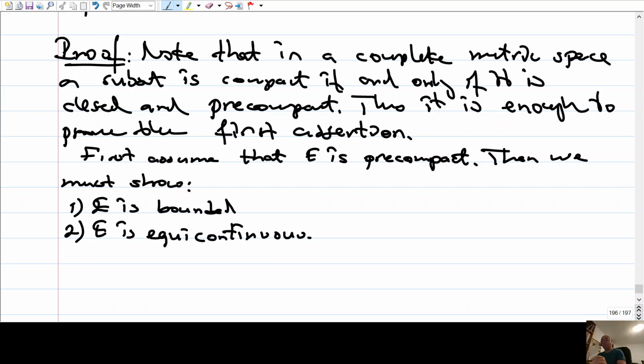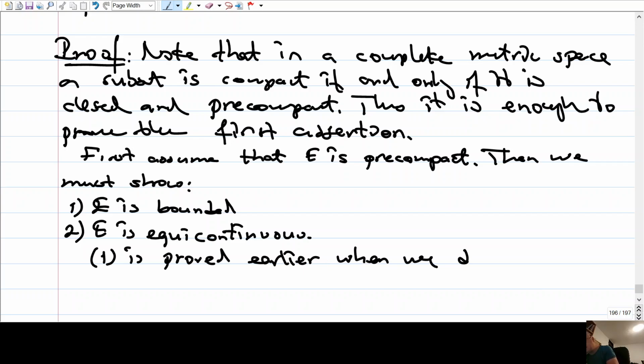Well, we already proved earlier, when we discussed compact metric spaces and sequential compactness, that a pre-compact set is necessarily bounded.